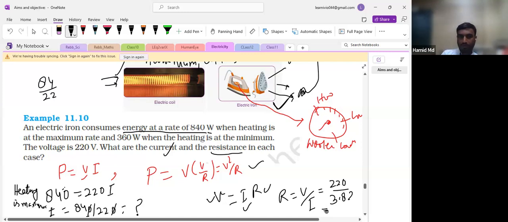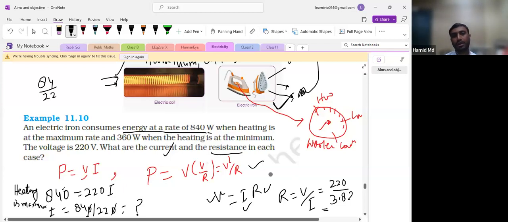You may use this relation to calculate the resistance also, but here you will see that it is V square, meaning 220 into 220, then divided by P to get the R. So either way is true.